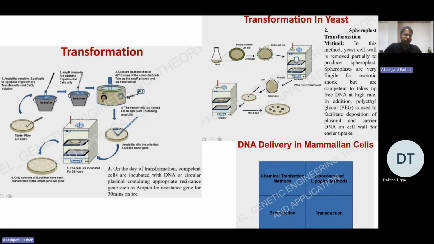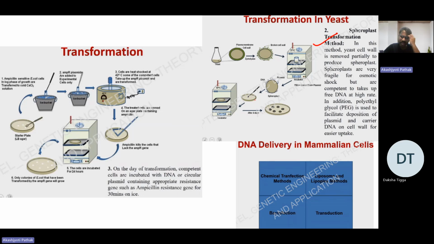First you treat it with calcium chloride, then give heat at 42 degrees Celsius for 1.5 minutes, then keep it on ice for 5 minutes, add the recovery media, pellet it down, and spread it on LB agar supplemented with the antibiotic. For yeast, you use the spheroplast transformation method, where a spheroplast is basically the yeast cell without the cell wall.